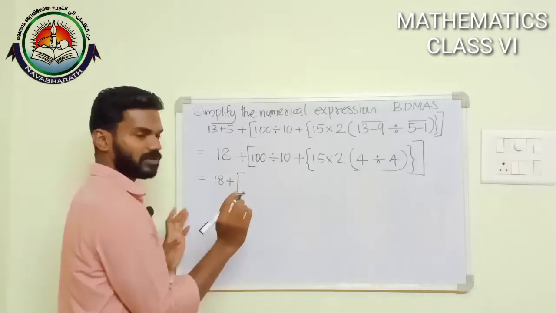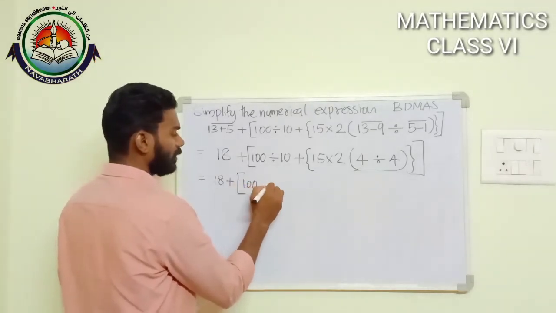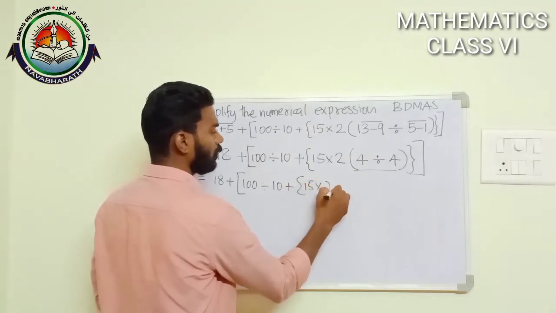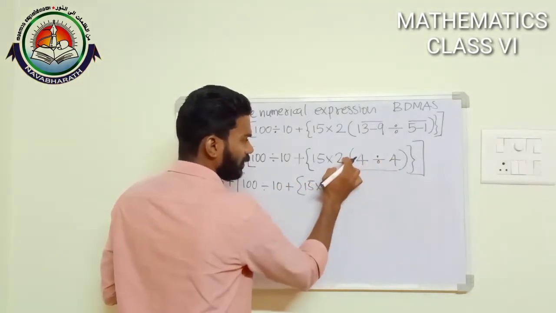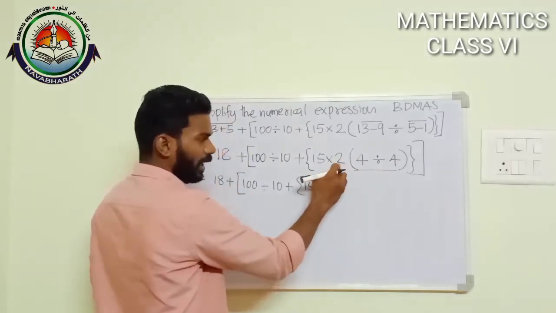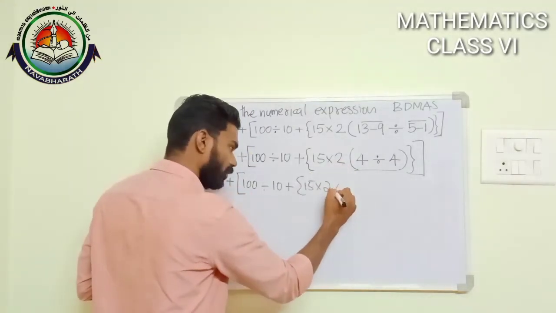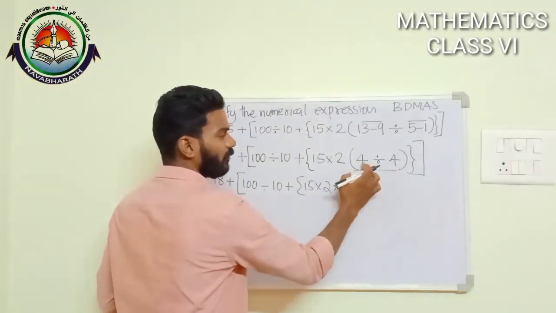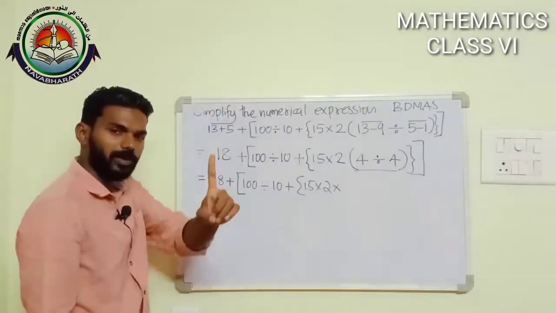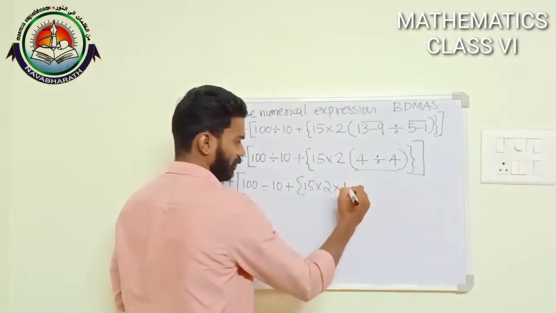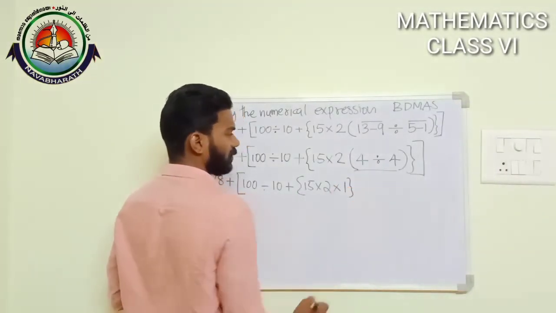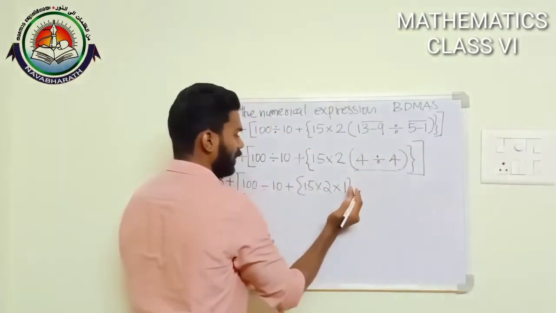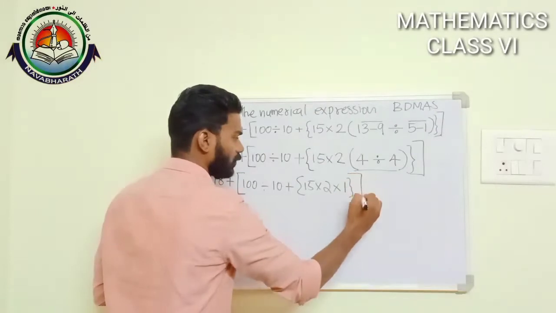All other brackets remain the same. 100 divided by 10 plus 15 into 2. Now this bracket is after 2, so just put a multiplication sign. Now simplify this bracket, 4 divided by 4. It would be 1. Now close the brackets. This bracket is now vanished.